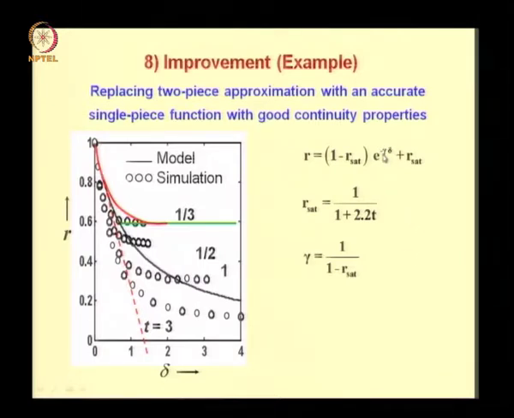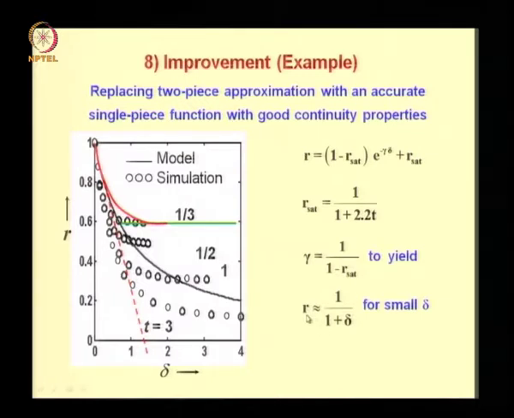Now what is gamma? You can show that if you assume gamma equal to 1 by 1 minus r sat, then that will yield the value of r to be 1 by 1 plus delta for small delta. So this expression for small delta will reduce to r equal to 1 by 1 plus delta. In other words, it will match with our model expression.